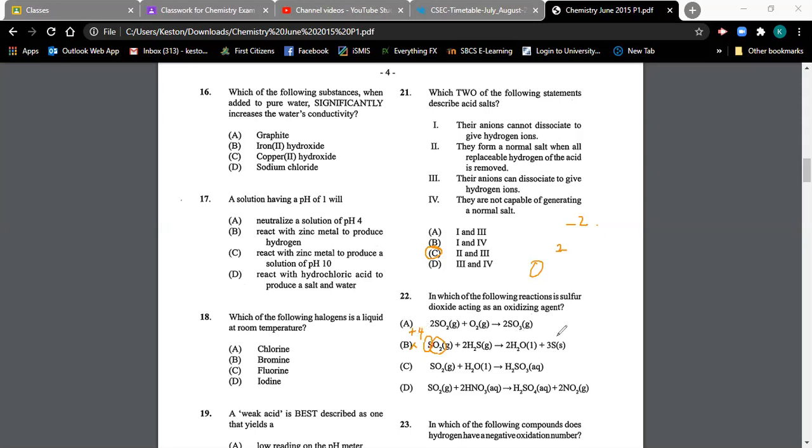When we look at it on this side, this goes to 0. So for it to be plus 4, it meant that there were more protons than electrons. So it gained electrons to get here, right? If it gained electrons, this is reduction, OIL RIG. Sulfur dioxide is being reduced. And whatever is being reduced is the oxidizing agent, right? So you're correct. Sulfur dioxide is acting as the oxidizing agent.